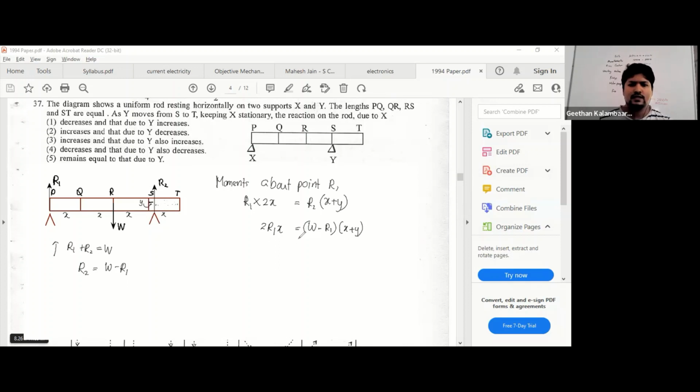Okay, so let's simplify this and let's find out what happens to R1 when y increases. Now we are going to move it to this side, so y increases.